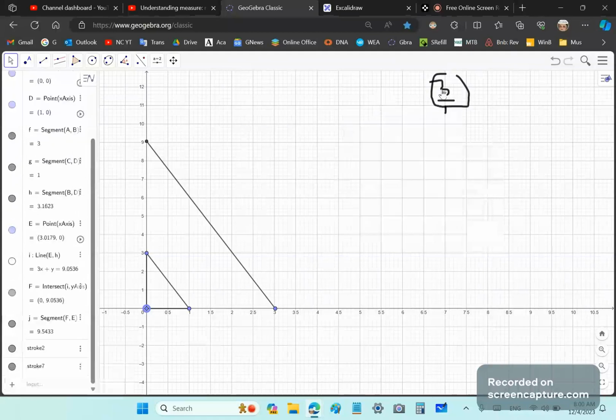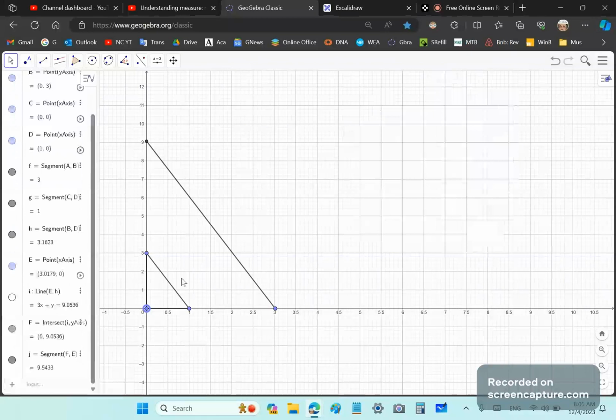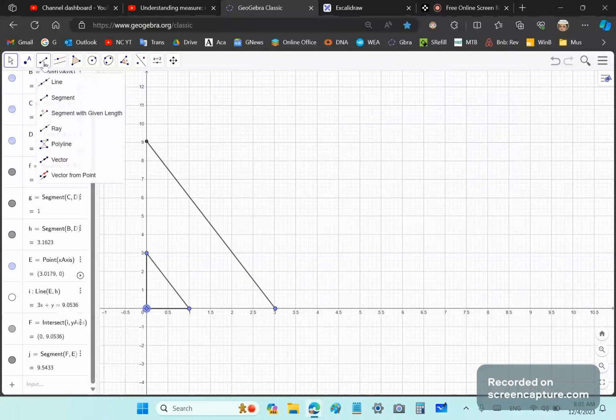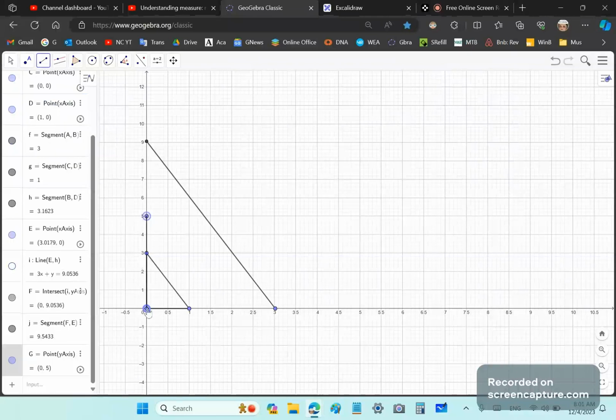Okay, so now we know what is a measure of a ratio, and we can add ratios easily. So let's say we've got this ratio 3 to 1, and we want to add another one, let's say 5 to 4.